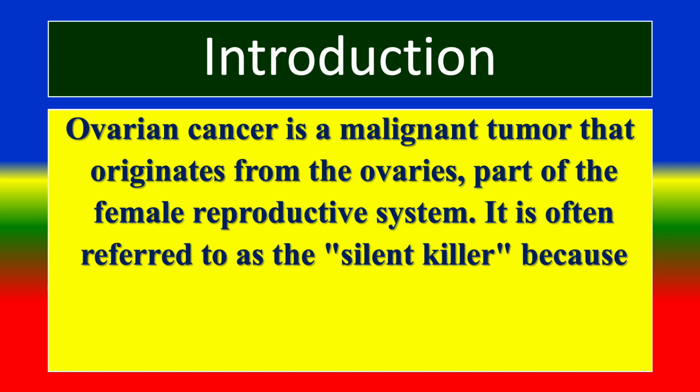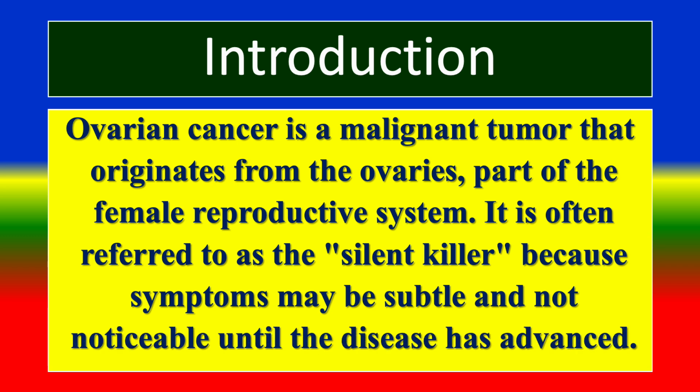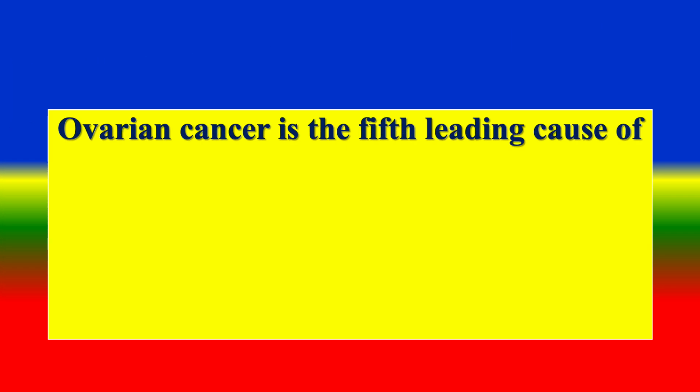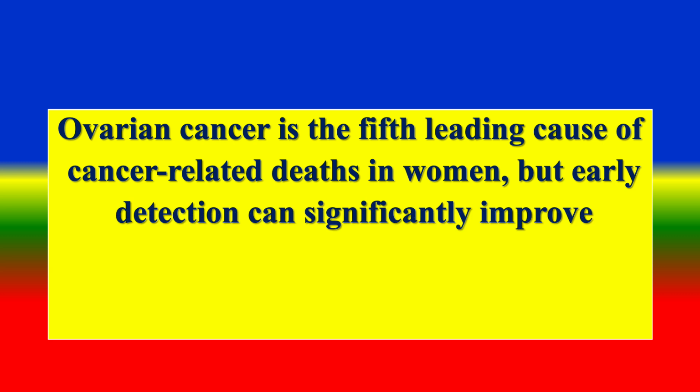It is often referred to as the silent killer because symptoms may be subtle and not noticeable until the disease has advanced. Ovarian cancer is the fifth leading cause of cancer-related death in women, but early detection can significantly improve prognosis.